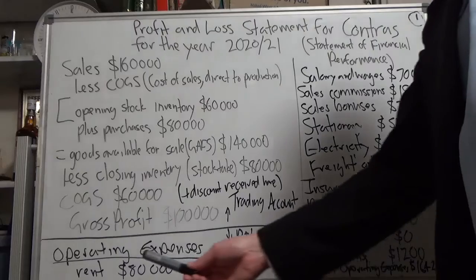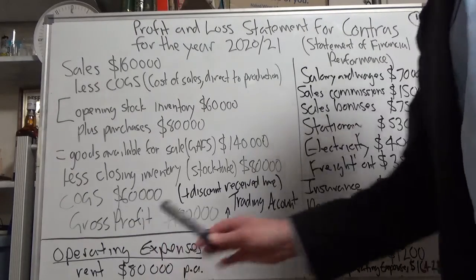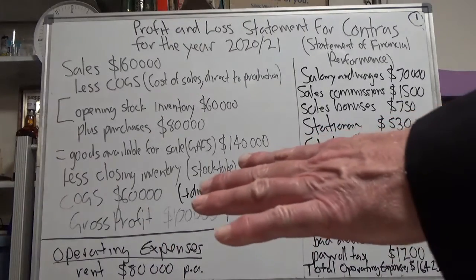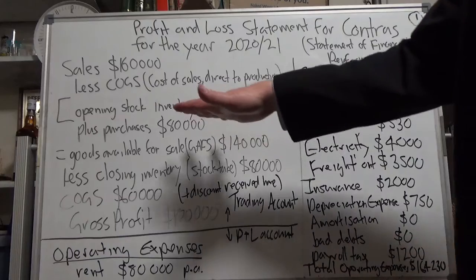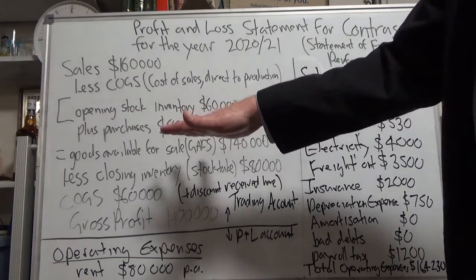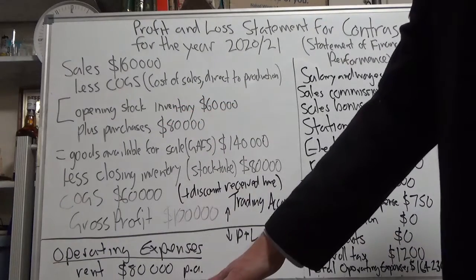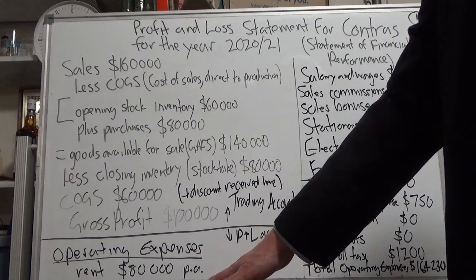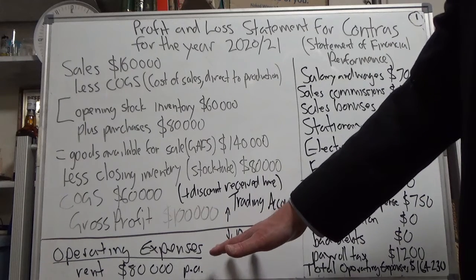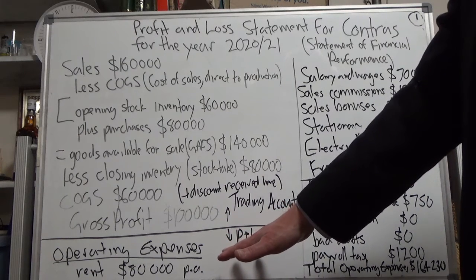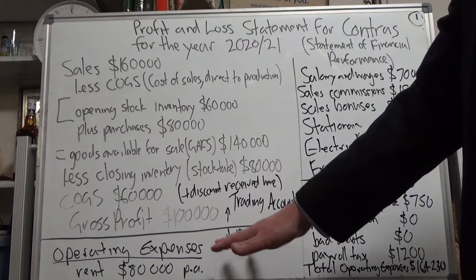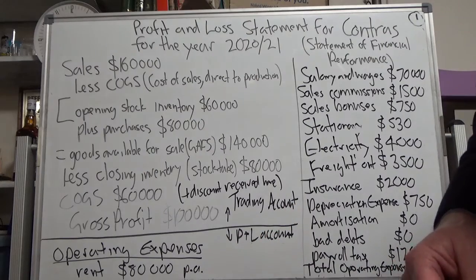So the first category: often in a statement of financial performance, you'll see all the expenses listed below gross profit to get total operating expenses, but I've divided it into operating expenses, marketing expenses, and financial expenses for clarity.